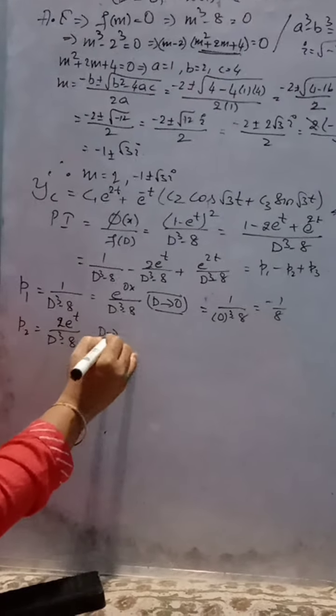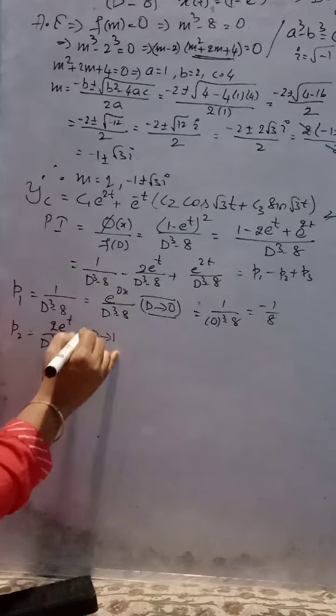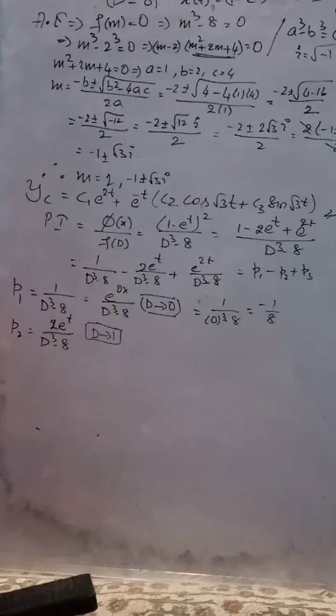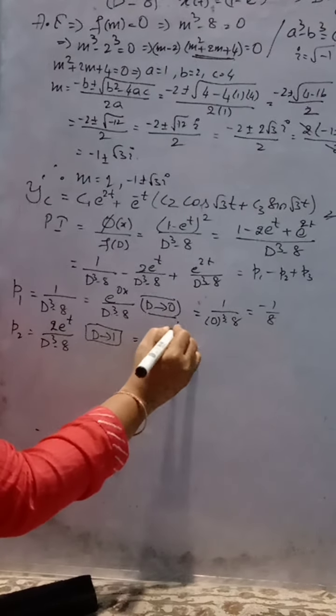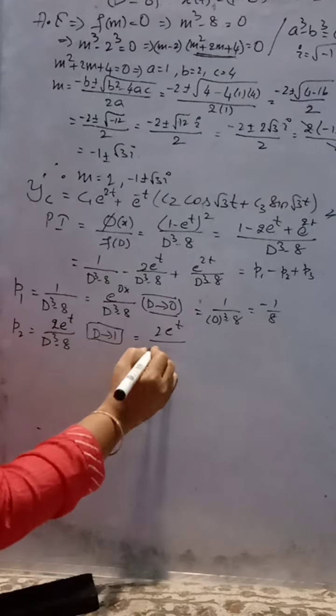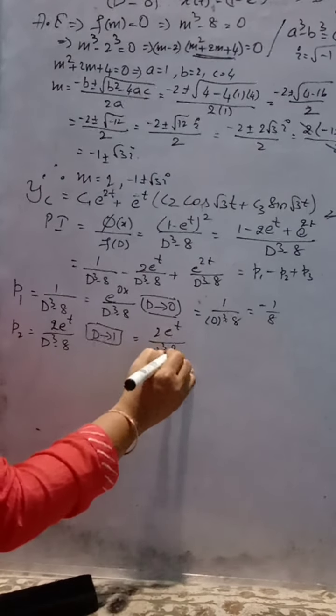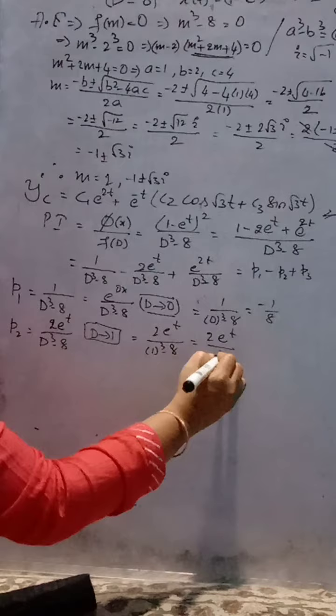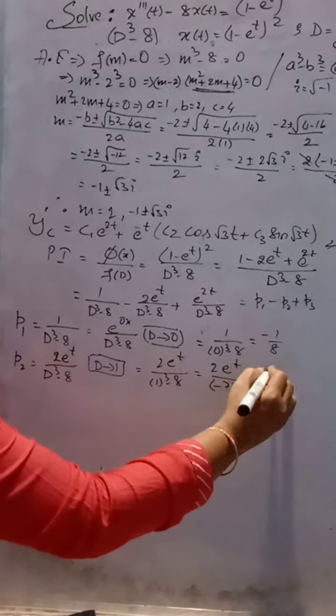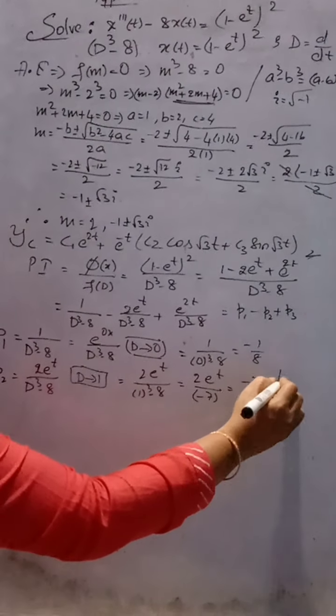So D is replaced by coefficient of t in the exponential form, that is 1. Okay, so what do we get here? We are going to get 2 e to the power t divided by, instead of D, we are going to put 1 cube minus 8. That is equal to 2 e power t divided by minus 7. It's going to be minus 2 by 7 e power t.